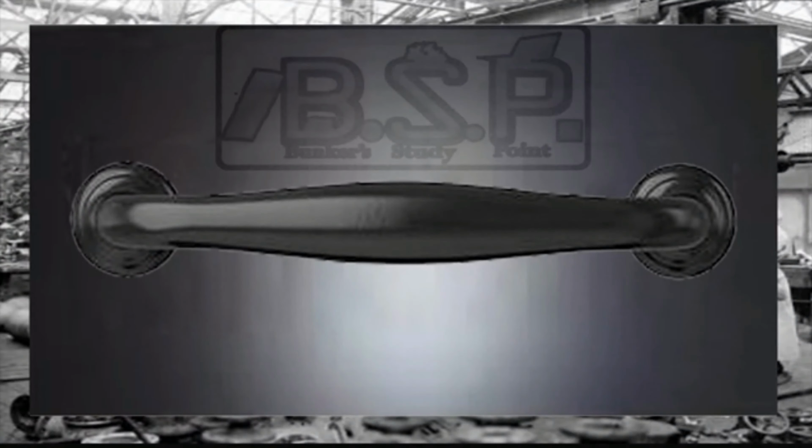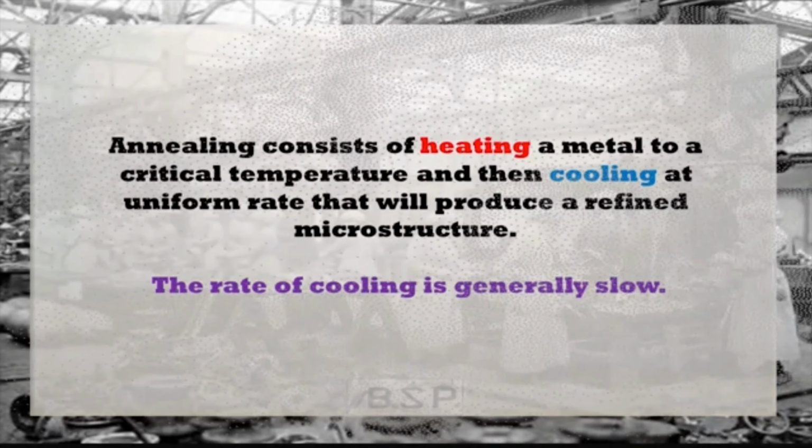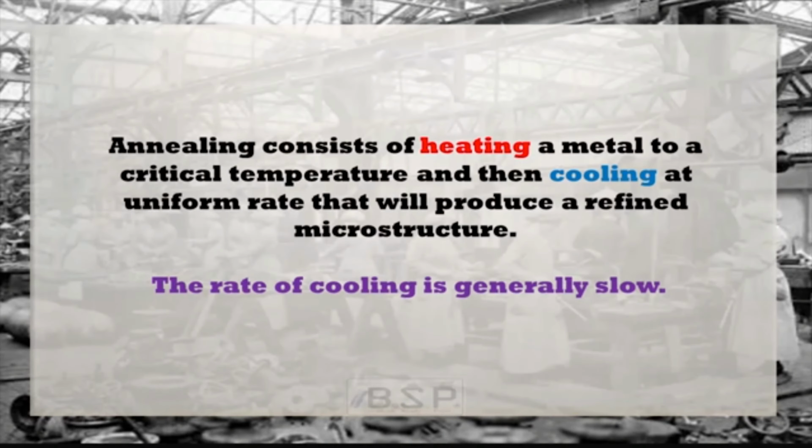First is annealing. Annealing consists of heating a metal to a critical temperature and then cooling at uniform rate that will produce a refined microstructure. The rate of cooling is generally slow and usually we cool it in air.